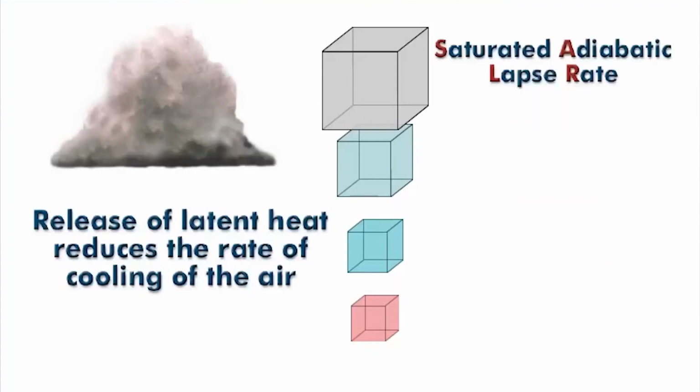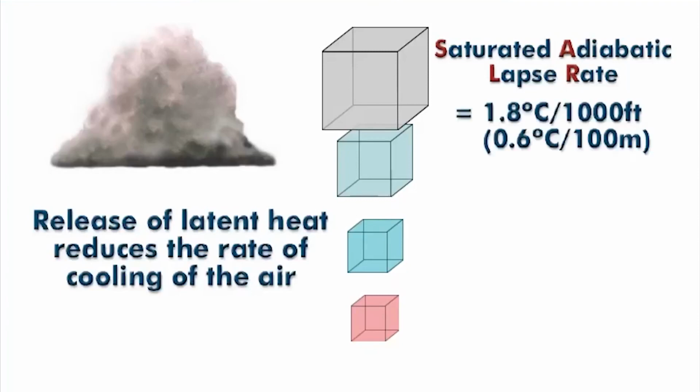This new lapse rate is called the saturated adiabatic lapse rate, or SALR, and is, on average, 1.8 degrees Celsius per 1,000 feet of lift, or 0.6 degrees Celsius per 100 meters. This is the rate at which saturated air will cool if forced to rise.